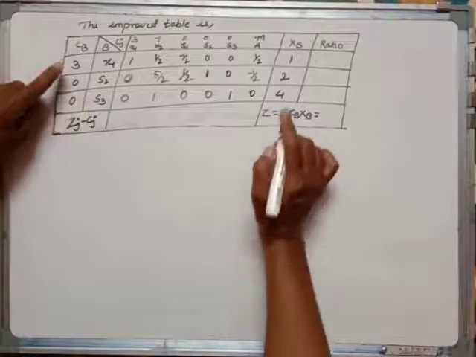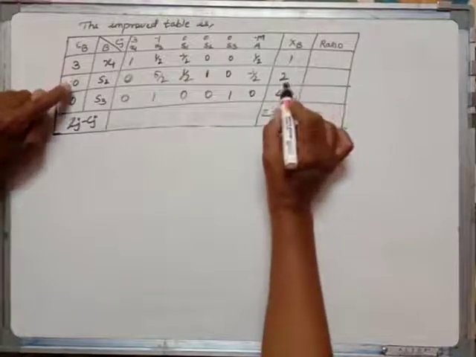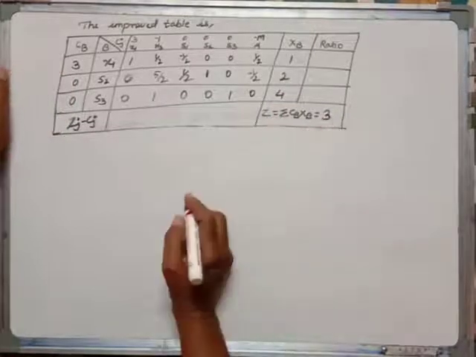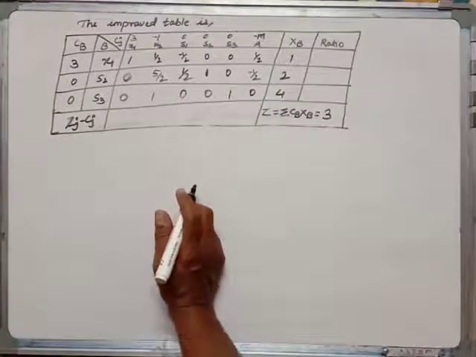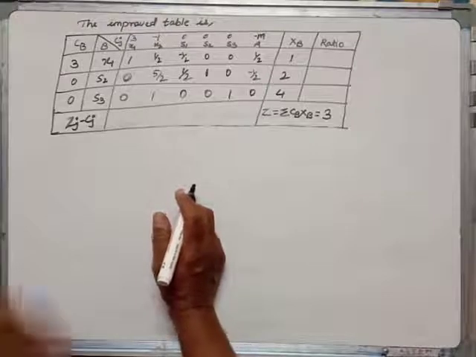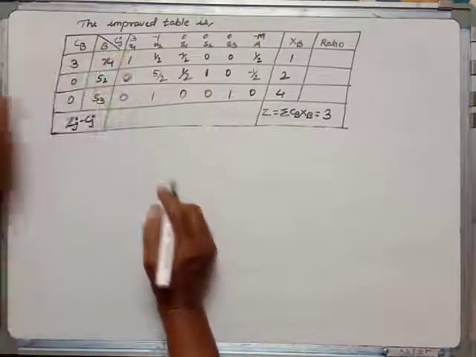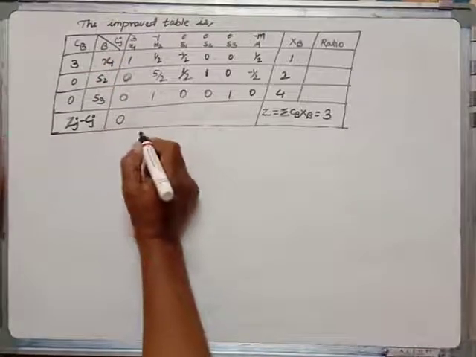What is Cb xb? It will be 3. Look at this, this is 0, this is 0, so it is 3 here. Now let us check Zj minus Cj. Here this is 3, 0, 0 and minus 3, so it is 0.